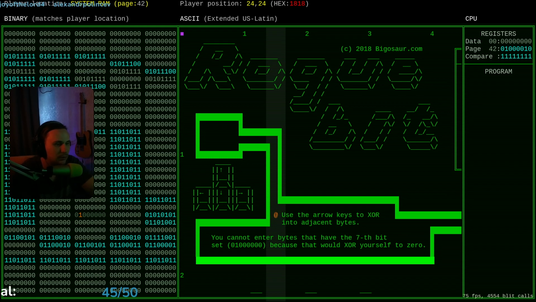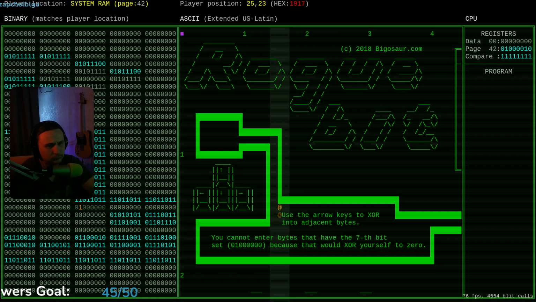You cannot enter bytes that have the seventh bit set, because that would XOR yourself to 0.